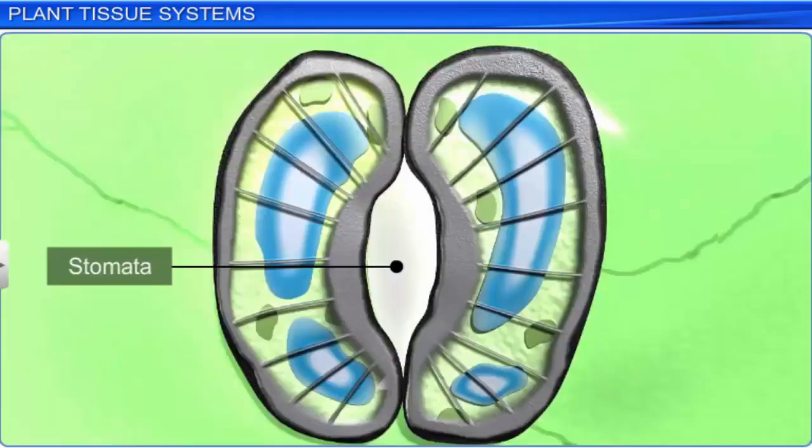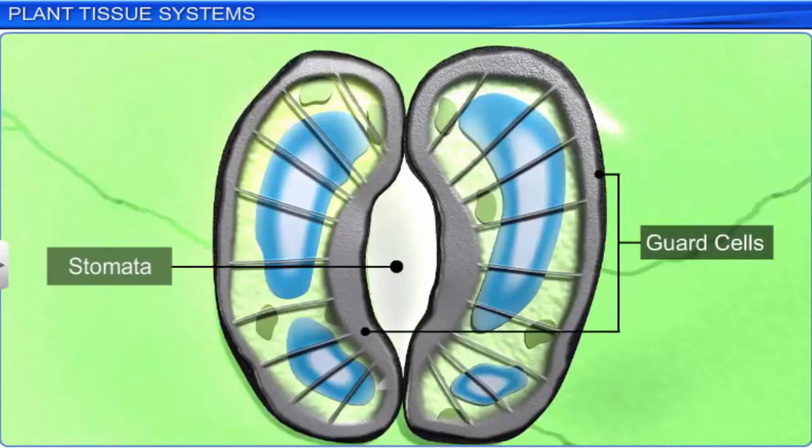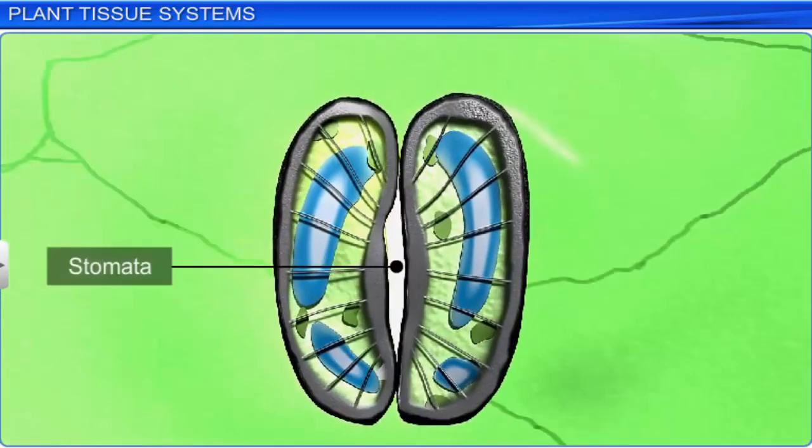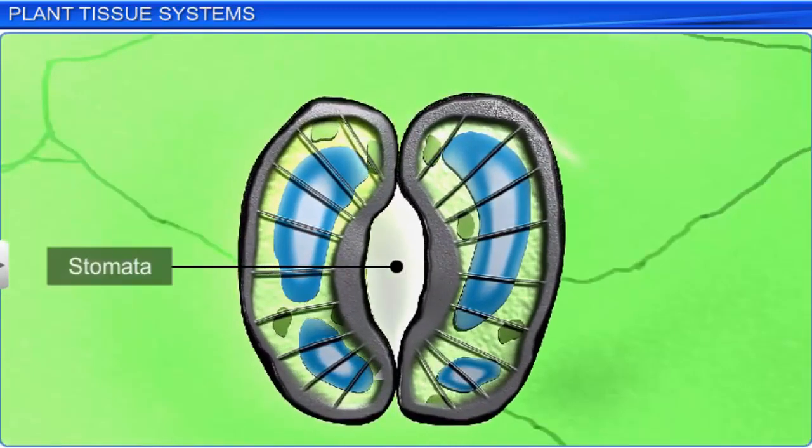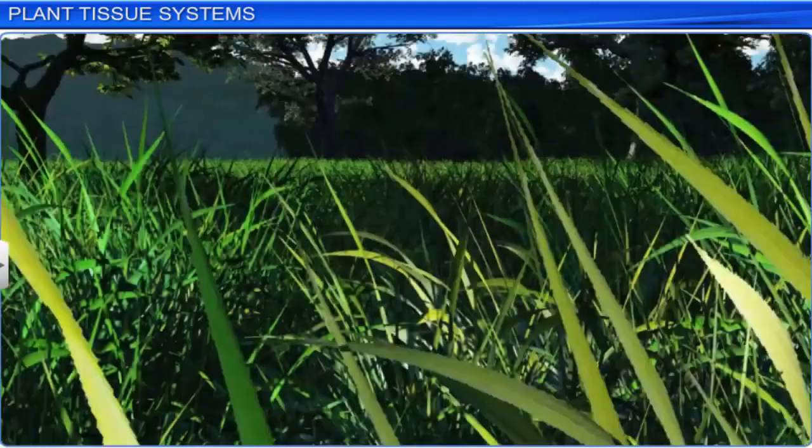Each stoma consists of two bean-shaped cells called guard cells. Guard cells contain chloroplasts and regulate the opening and closing of a stoma. In grasses, the guard cells are dumbbell-shaped.